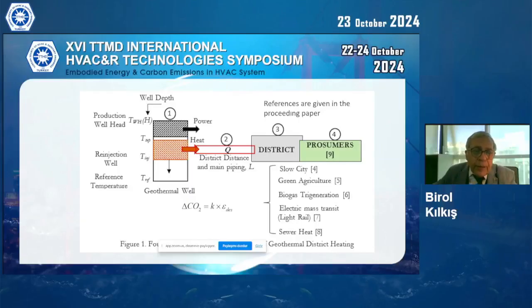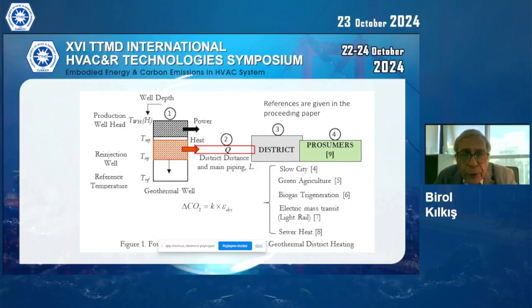And of course, you have a reference temperature in the environment. The district distance is also limited by L, the distance in kilometers, because the amount of heat Q that you can deliver to the district is known from the geothermal well, which is prong 1.